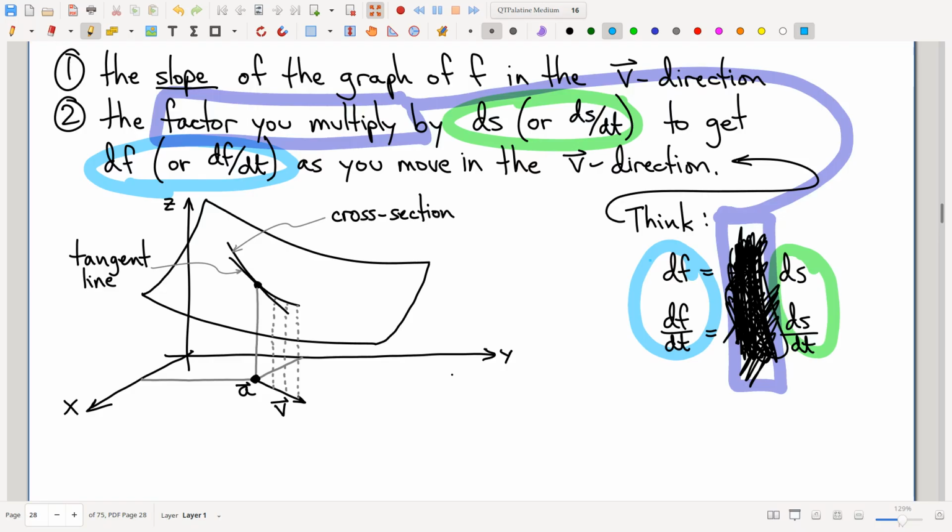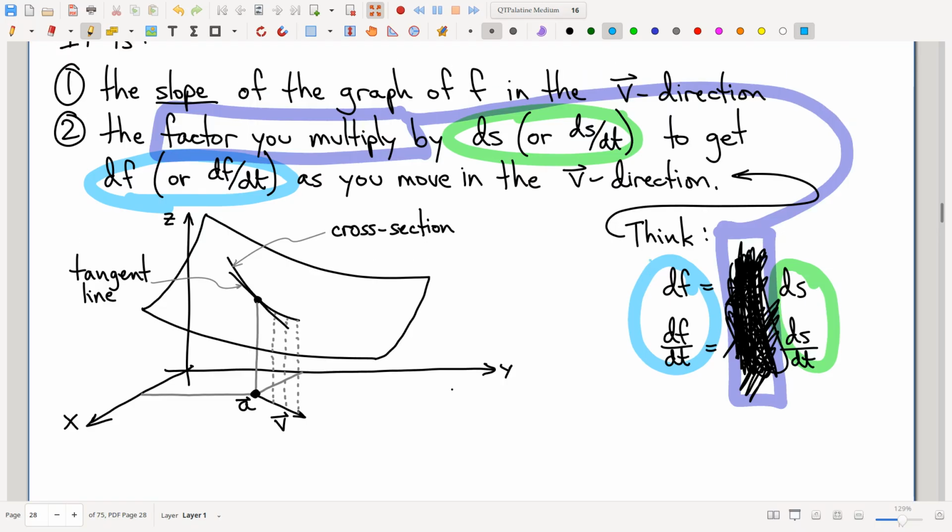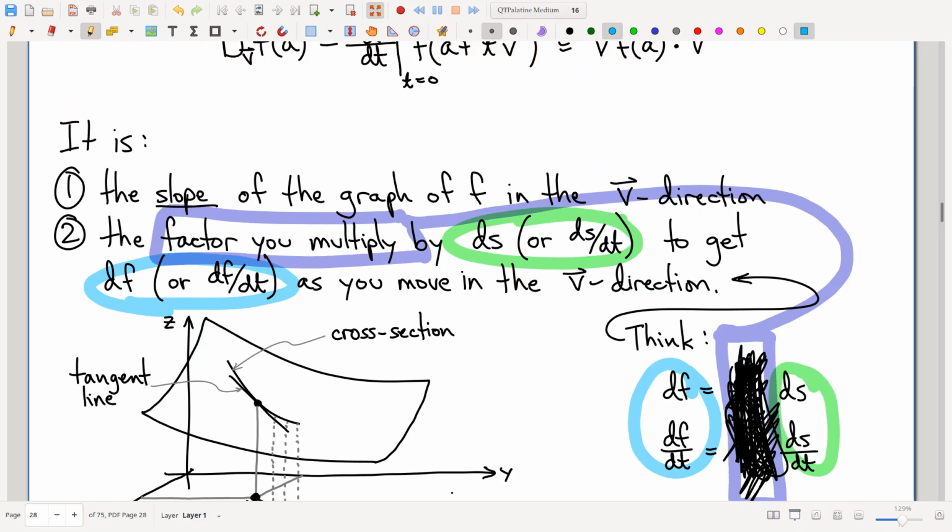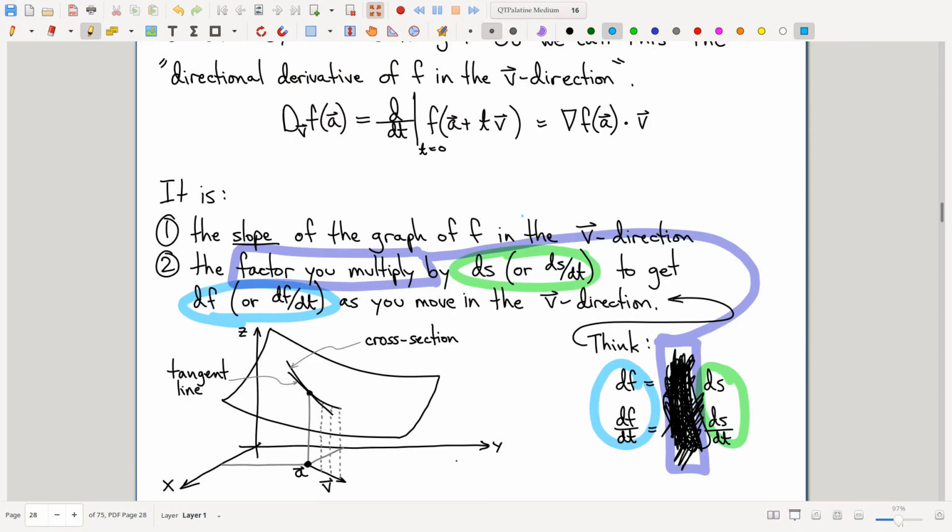So now let's just talk notation. What do you think would be a reasonable notation to put here, for the thing that I multiply by ds to get df, the thing that I would multiply by ds/dt to get df/dt? We already have a notation for it. I suppose I could argue that this is my notation, and maybe that's what I should put there.